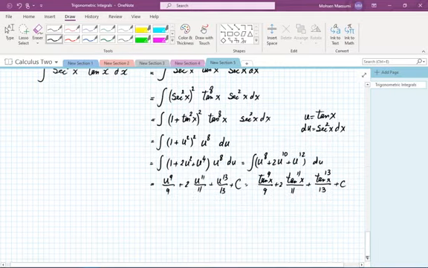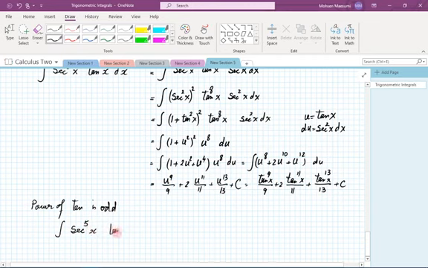Let's take an example. If I know that the power of tangent is an odd number, suppose I have secant to the power 5 tangent to the power 5 of x dx.